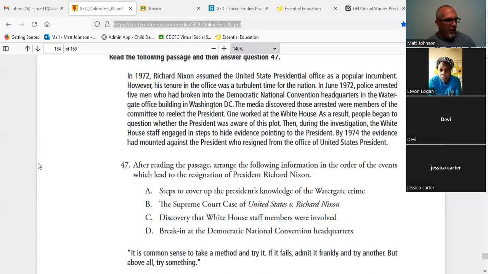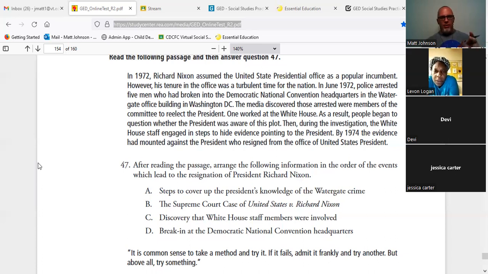Yep. So we're going to start with D, right? So the first thing that happens in the Watergate scandal is the break-in at the office. So D as in dog, break-in at the Democratic National Convention headquarters. So what comes next? C. I think it's A. It is A.